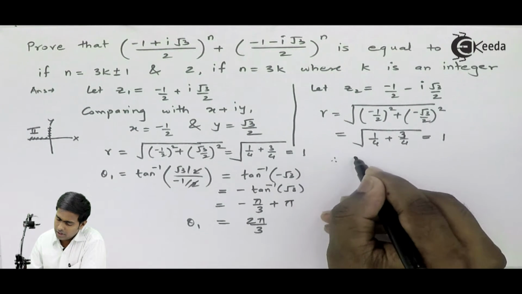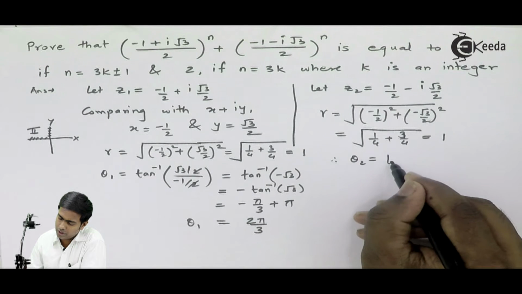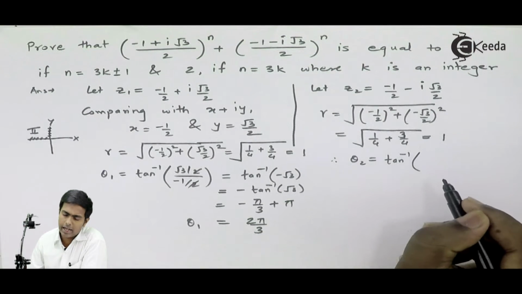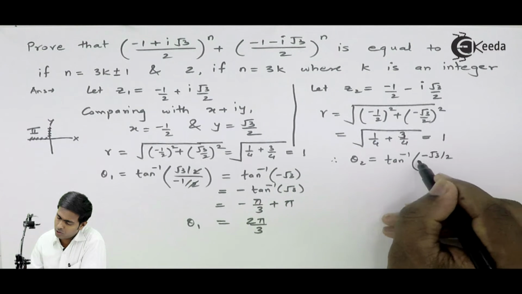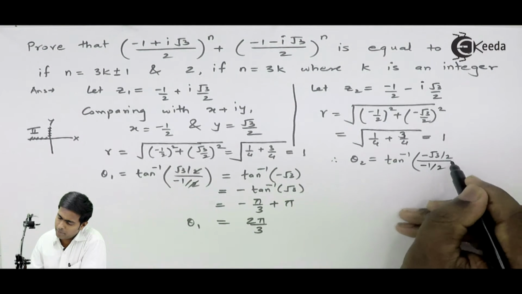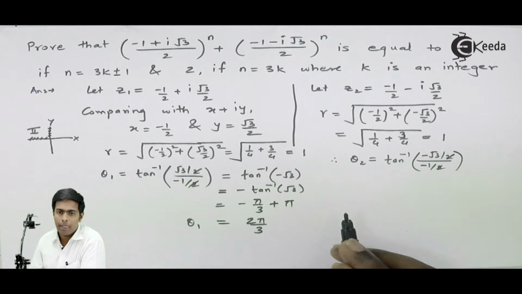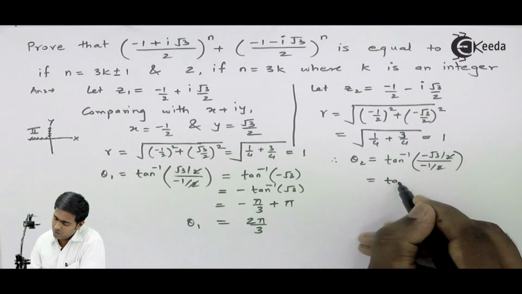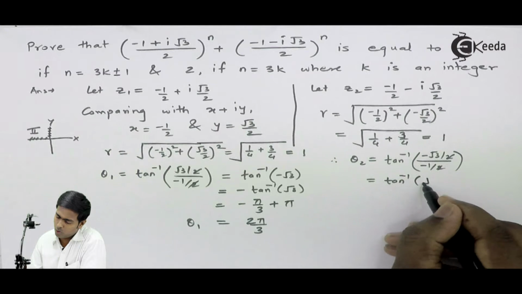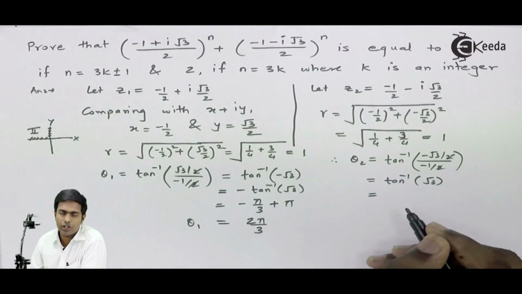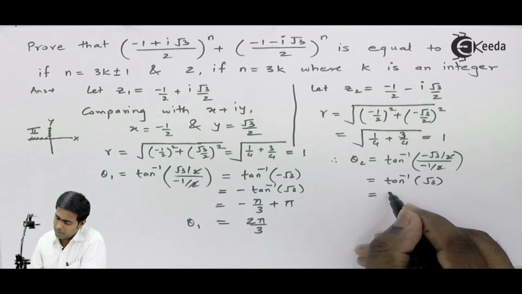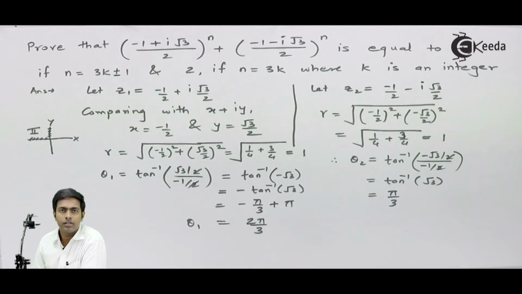Therefore theta 2 is equal to tan inverse of y by x. Now y is -√3/2 and x is -1/2. The 2 and 2 get cancelled out and we get tan inverse of √3. Now you all know that tan inverse of √3 is π/3.